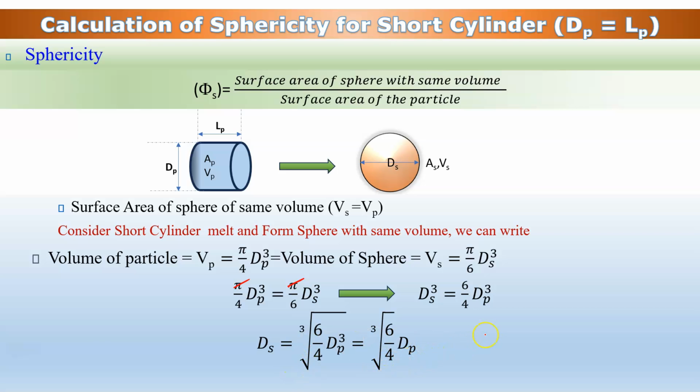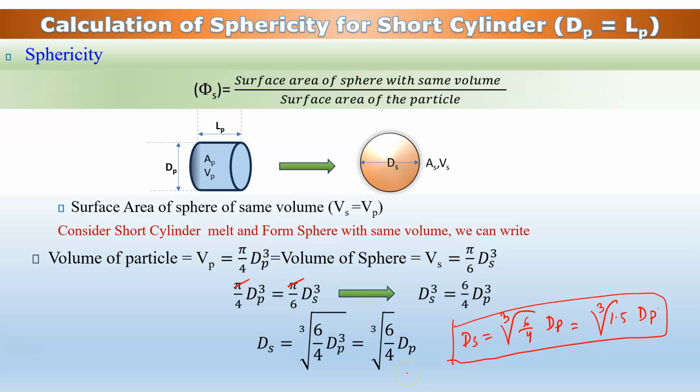So ds is nothing but the cube root of 6 by 4 times dp, which is 1.5 to the power one third times dp.